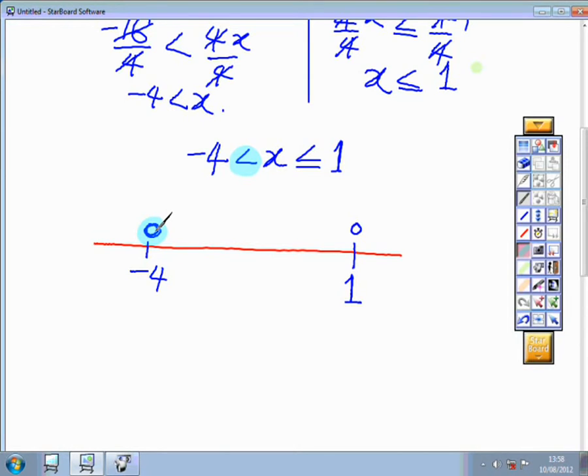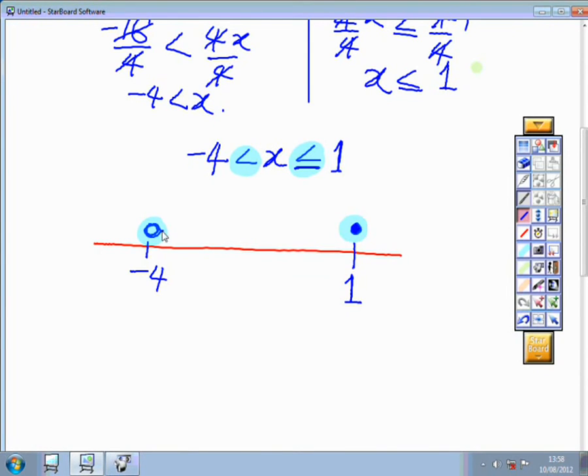On the other hand, the other one is going to be shaded because this inequality has equality with it. There is an equality sign here. So that makes us shade this center here, and that is very important.